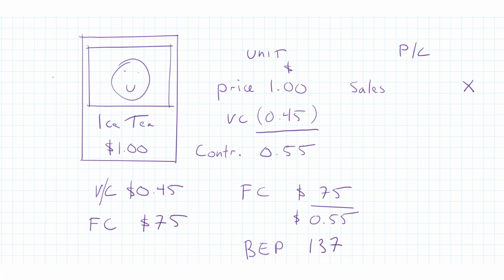And I will subtract my total variable cost from that, production and non-production. If I have to pay a commission to a salesperson for selling every bottle, that would be in my total variable costs as well. The difference between those two lines would then be my total contribution.